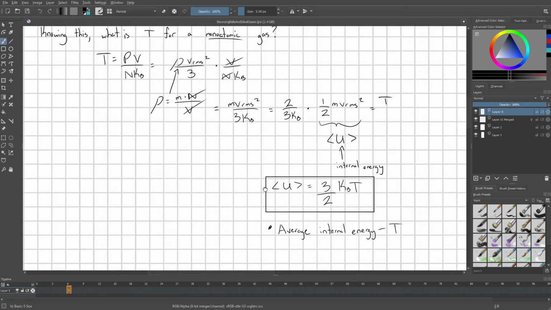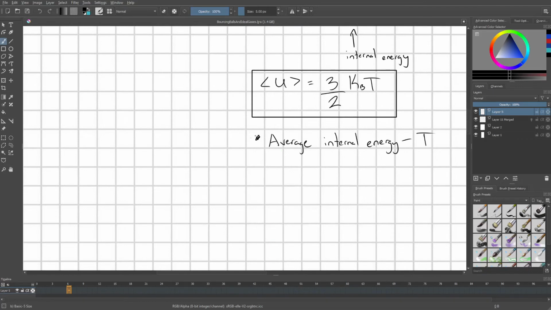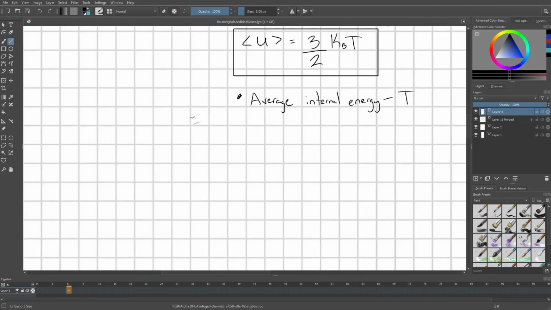And so for the monoatomic gas case, that would be a situation where you have 3 degrees of freedom. What's a degree of freedom? A degree of freedom is basically a direction that can store energy. So what do I mean by that?